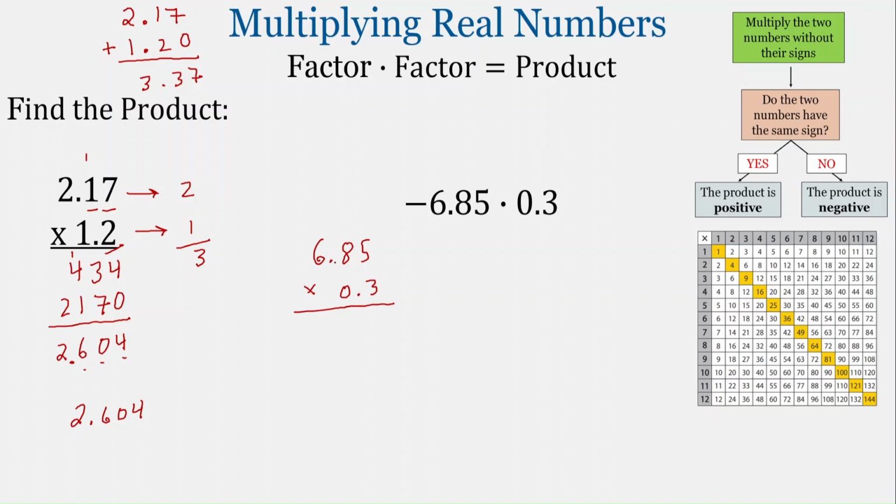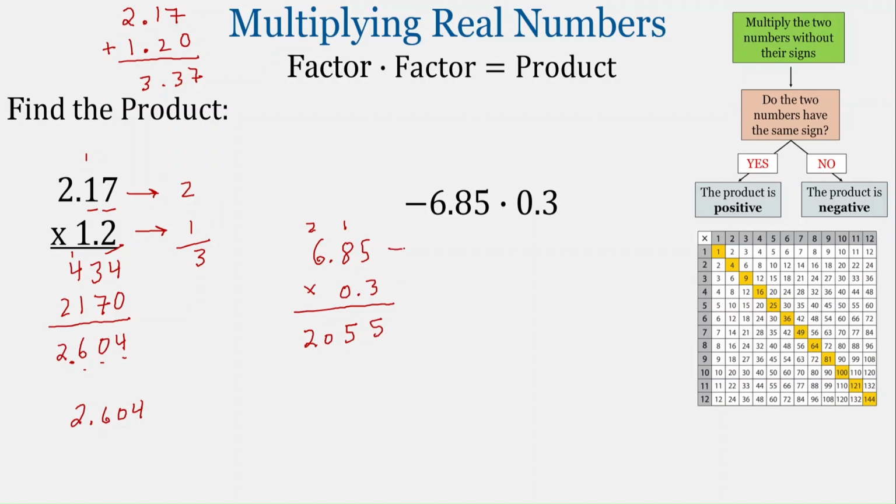And then when multiplying by decimals, we first ignore the decimal places. So now we're going to go 685 times 3. Well, that's going to be a 15 there. Carry the 1. 24, 25. Bring the 2. That's 18. So 20. So we have 2,055.